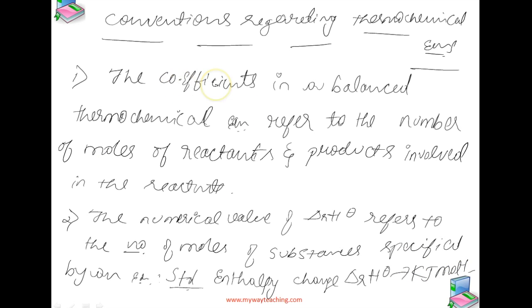Next, to illustrate the concept, let us consider the calculation of heat of reaction for the following reaction: Fe2O3 plus 3H2 gives 2Fe plus 3H2O.